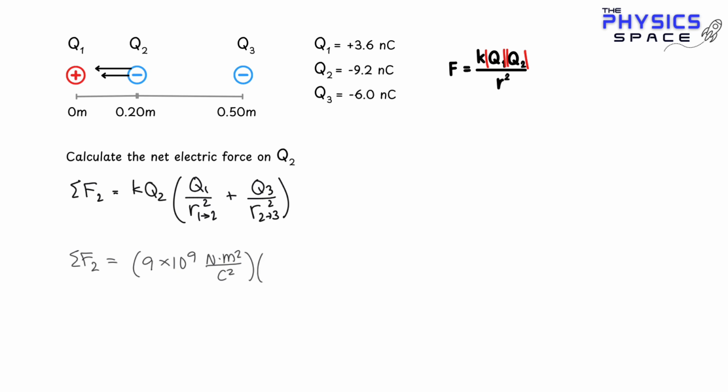Our charge 2, again, we're going to keep that positive when we plug it in. Nanocoulombs is times 10 to the negative 9th coulombs. And then we have our charge 1, 3.6 times 10 to the negative 9th, and divided by that distance squared.